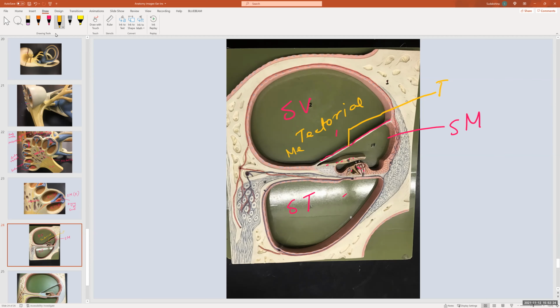The membrane which is basically the lining, the inner lining of the scala tympani, call that the basilar membrane.